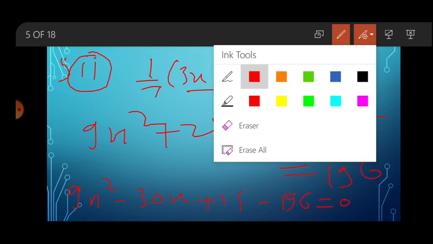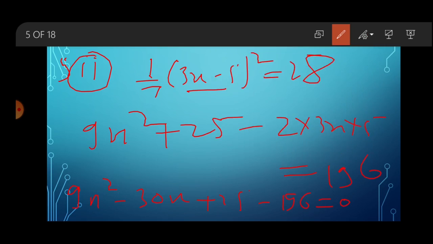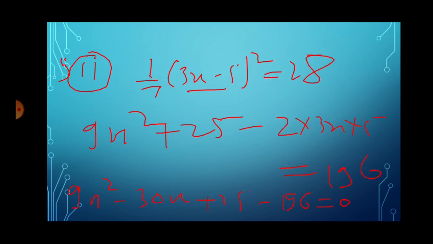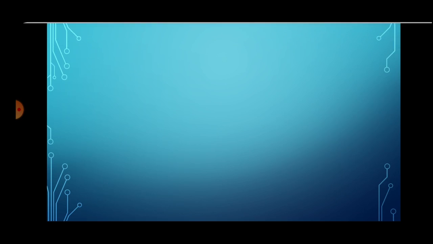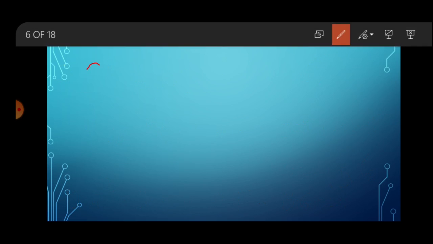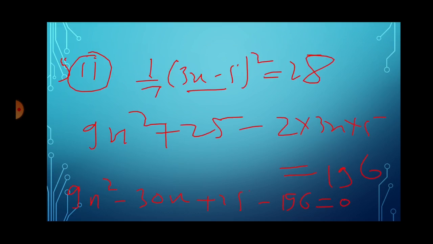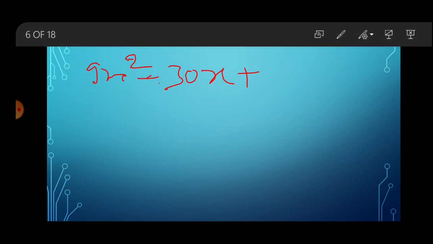Again, if I solve it a little bit more, I will get 9x square minus 30x plus, I think, 171 is equal to 0.